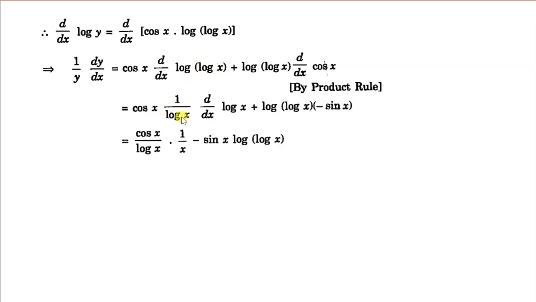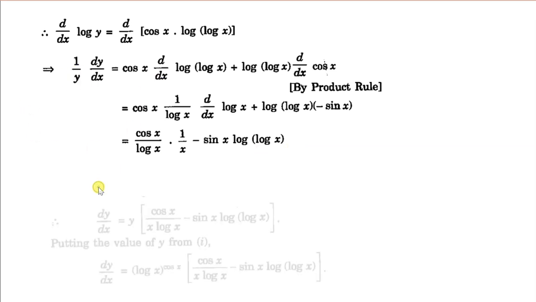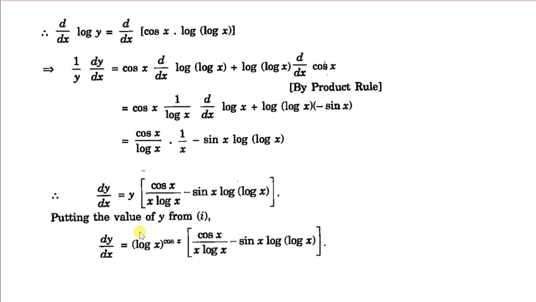So we get cos x by log x multiplied by 1 by x. In the second term, differentiation of cos x is minus sin x, so the second term will be minus sin x log of log x. Then transpose y on the right hand side and substitute the expression for y, we get the derivative.